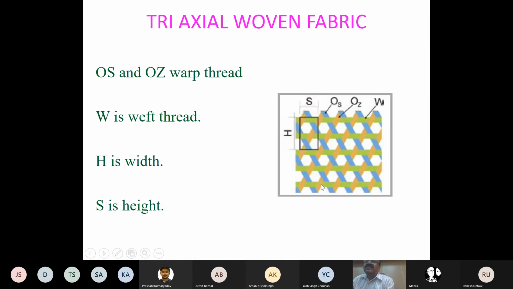Look at just pictures. So this is homogeneous triaxial. This is a 3-yarn weaving system, and also the thread spacings are equal. So we can call it triaxial homogeneous.